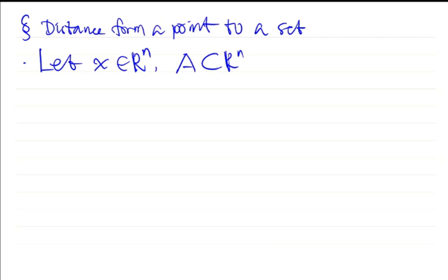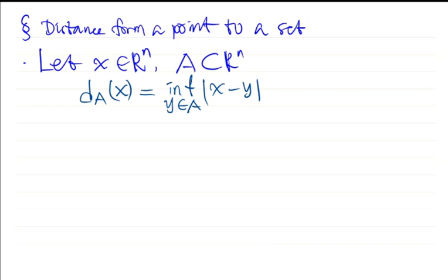Then we can define this number denoted by d_A(x), which is the infimum of the distance from x to y, where y runs through the set A.